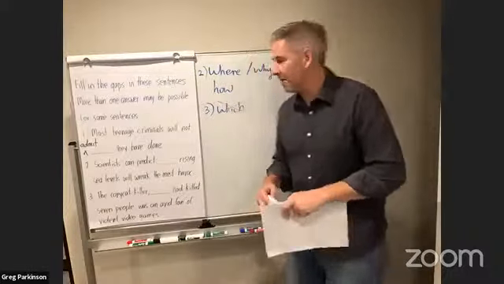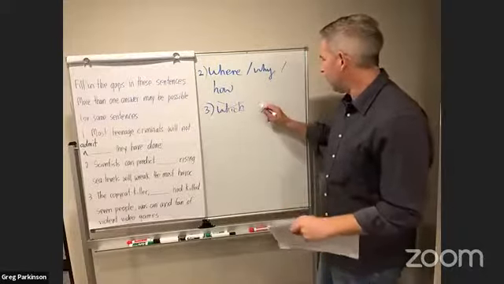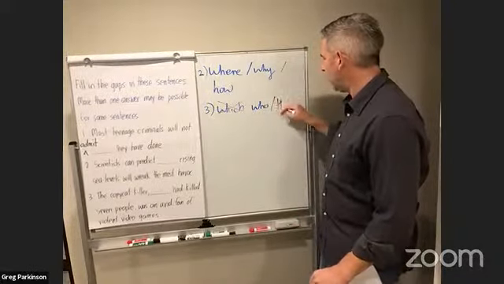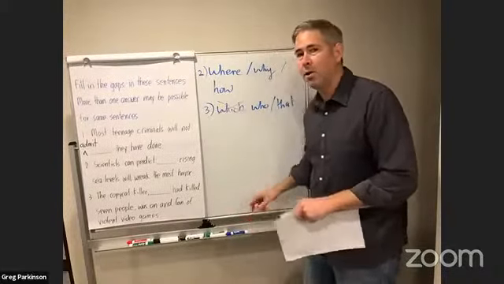Now, the reason I'll say who is the best answer, I'm thinking in terms of the IELTS test. Yes, you could have that, but my recommendation is go for who.